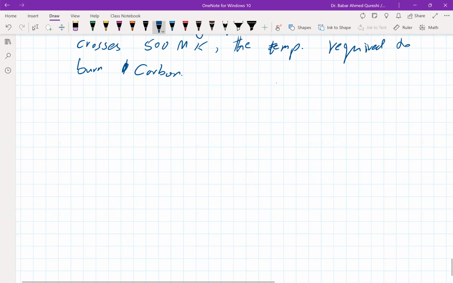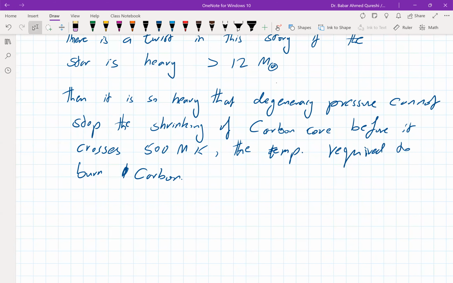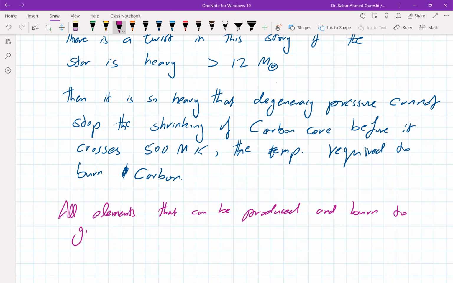But in the heavy stars, the weight is so much, the crushing is so much that it does happen. So all elements that can be produced and burned to give energy are produced and burned.